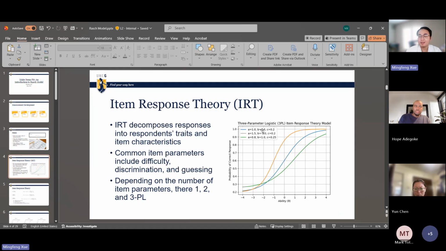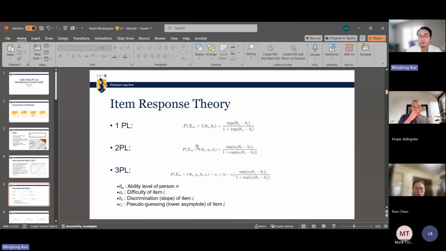We have B as the difficulty parameter that determines the location of the curve, while C, the guessing parameter, determines the lower limit of our curve. So this is the IRT model, and this is the equation for it.